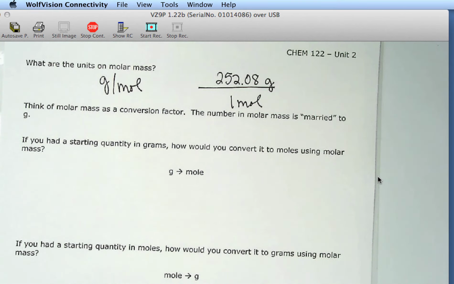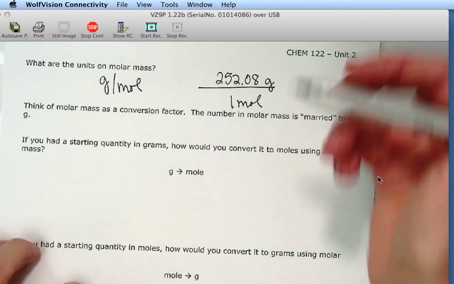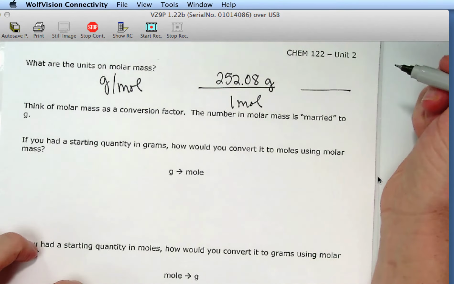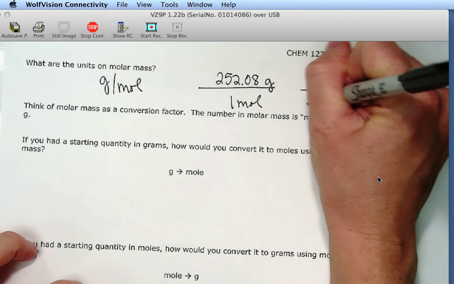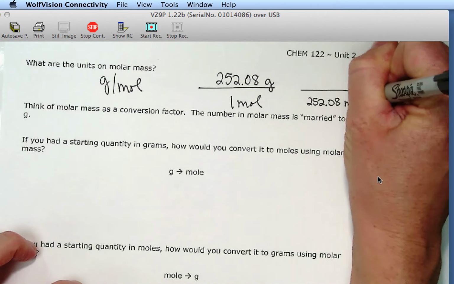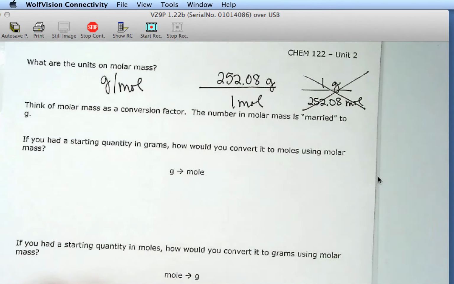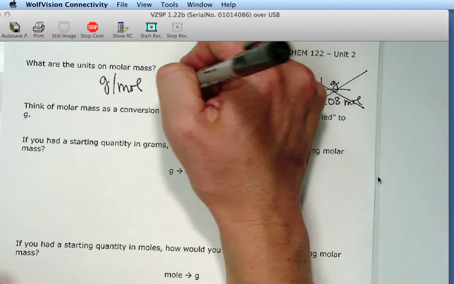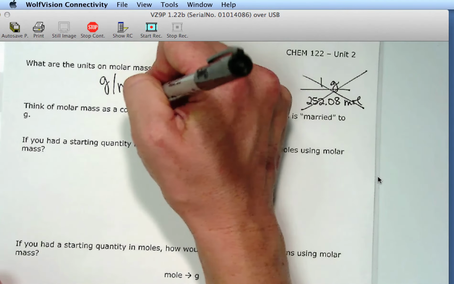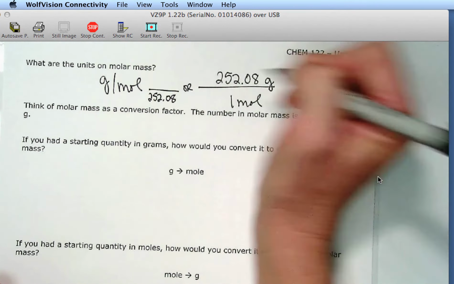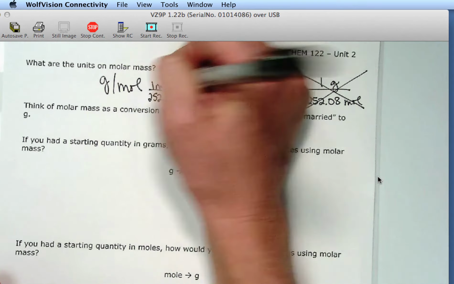I say that because sometimes students flip this around and put 252.08 with moles and 1 with grams. That's not how it works. They stay together. If you need to flip this conversion factor, flip the units as well: 1 mole per 252.08 grams.